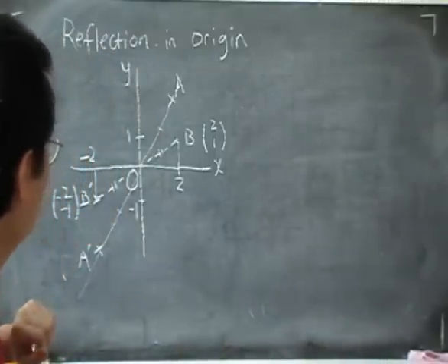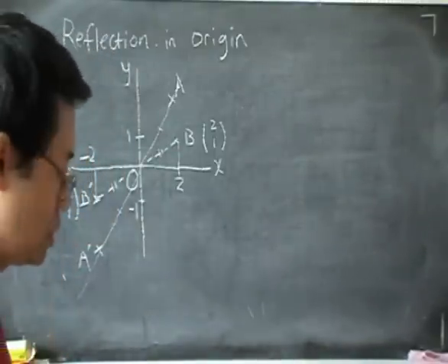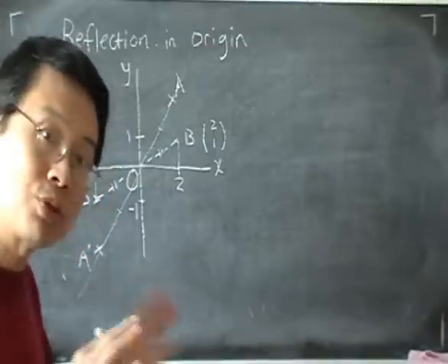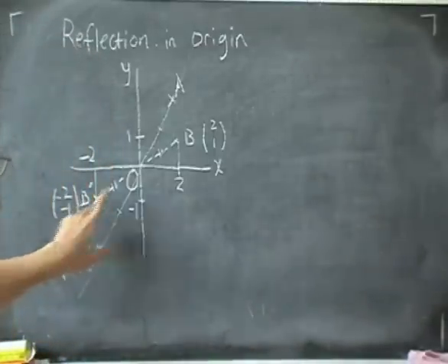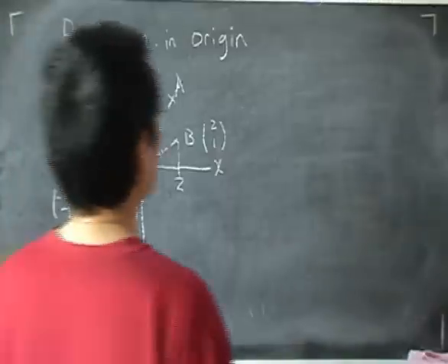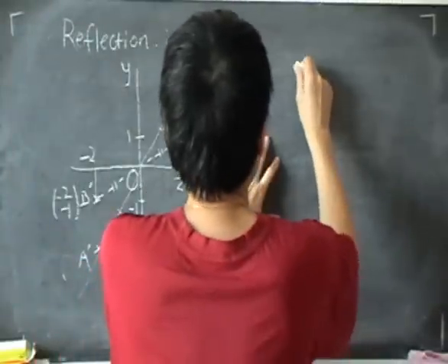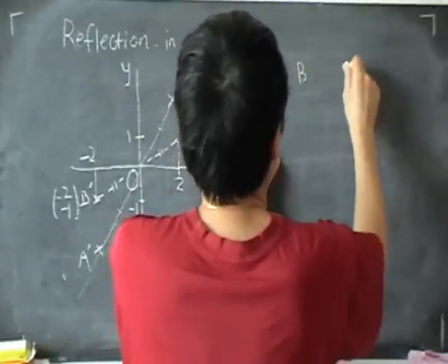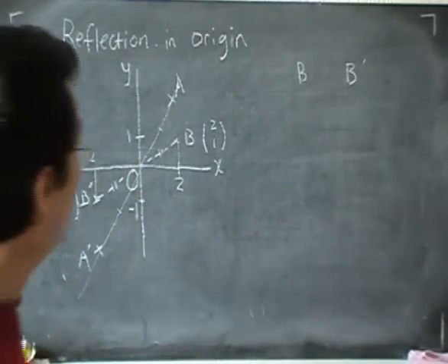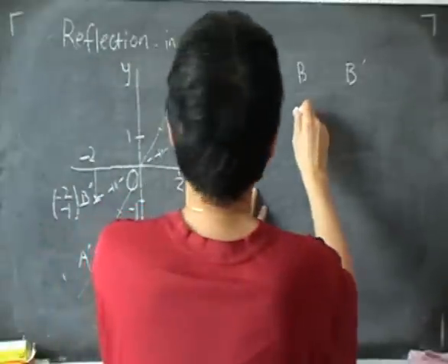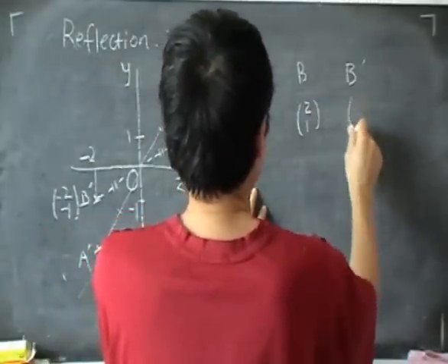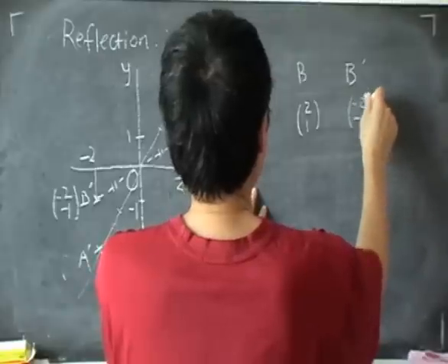So for now, let us use this example to see how we can use a matrix to find the position of the image of B. Right, so B, and the image is B prime, and we already know that the coordinates of B are 2, 1, and of B prime are minus 2, minus 1.